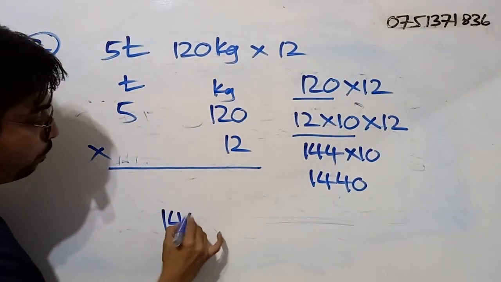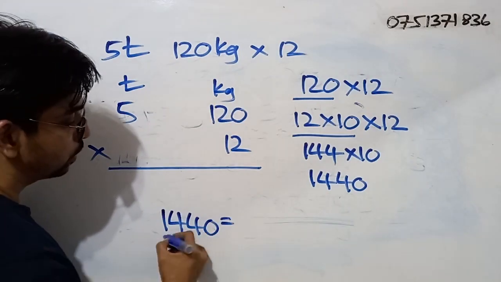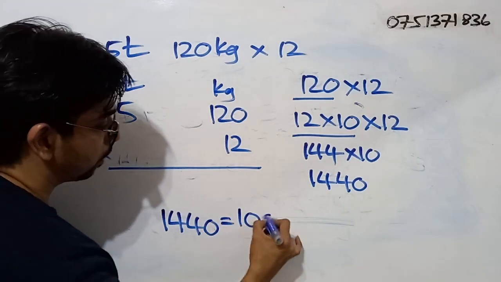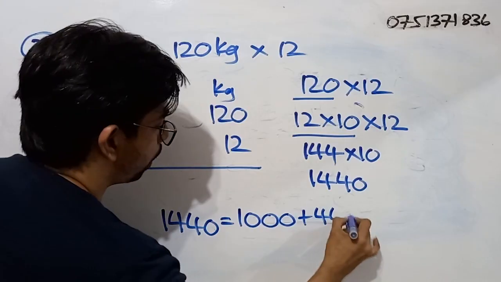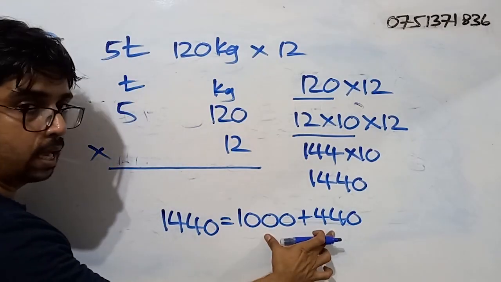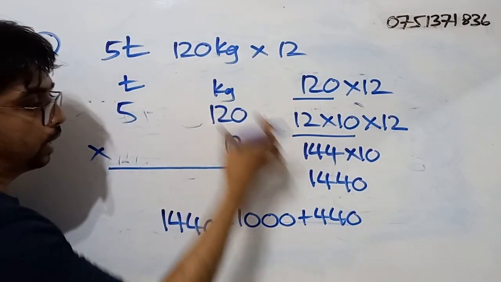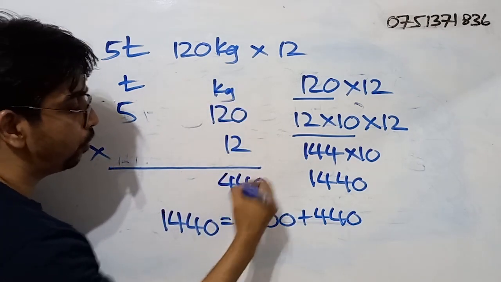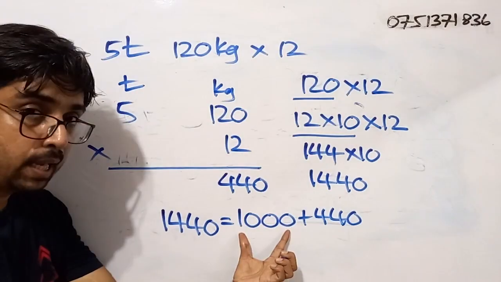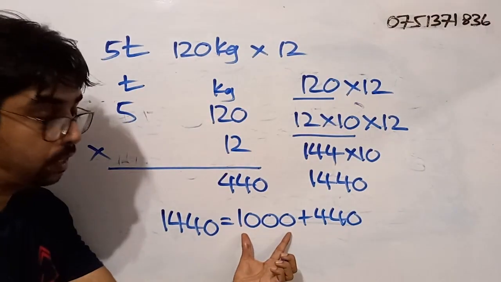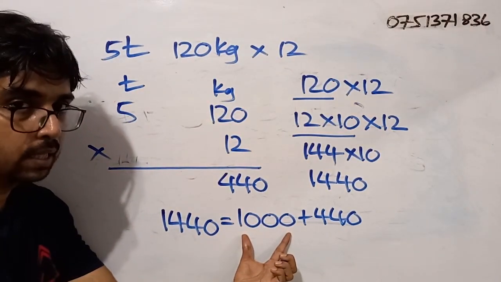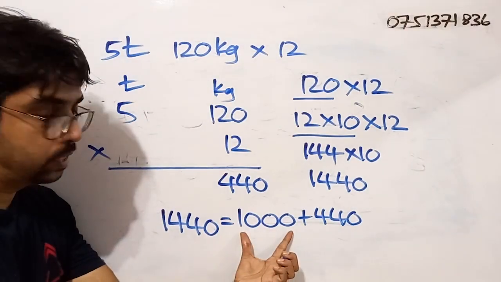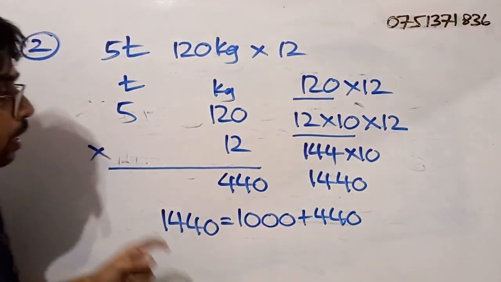So we can't write 1440 under the kilograms column. So 1440, we have to rewrite this as 1000 plus 440. Both of these are kilograms. So the number that we can write under kilograms is 440. This 1000, these are kilograms. So we can convert it into what? Tons. So this will be 1 ton.